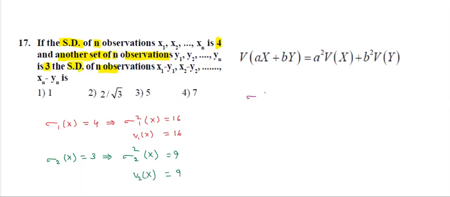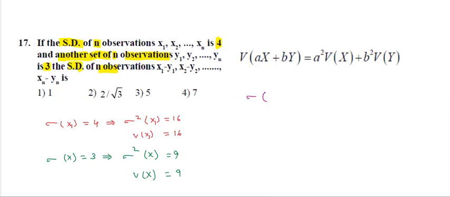sigma of x1 minus y1. Here we need to change. No need to write sigma 1, sigma 2 like that, because the question already gave V1, V2, x1, x2 observations. Those I am changing.